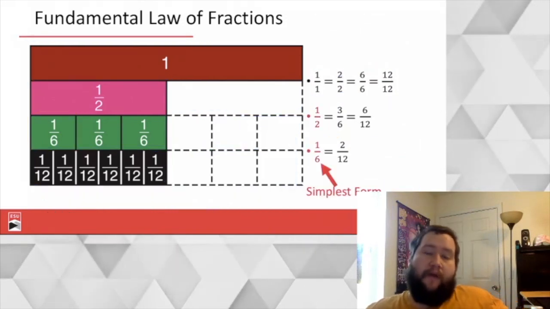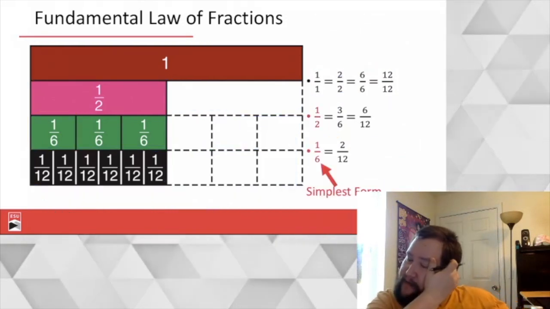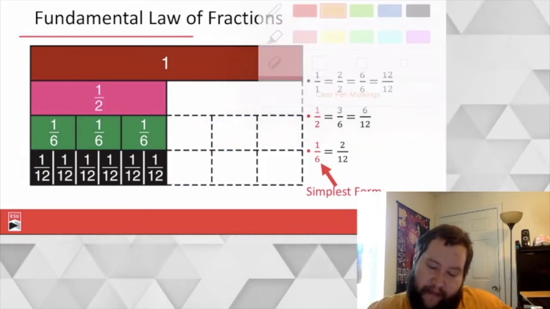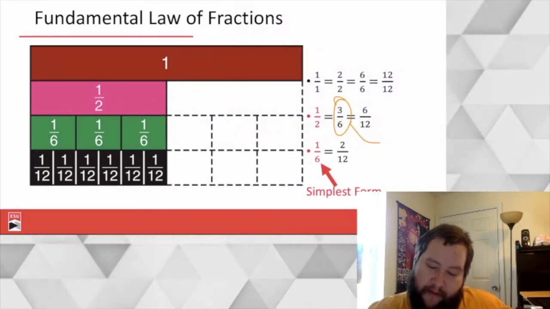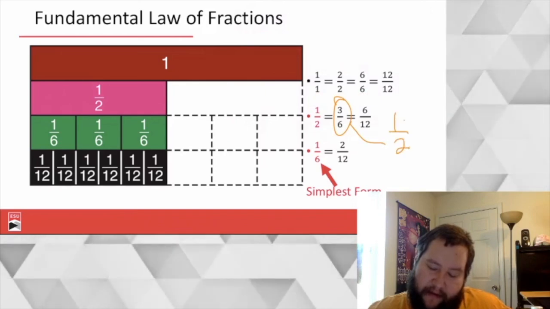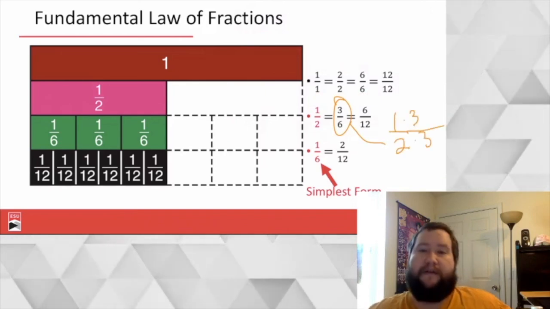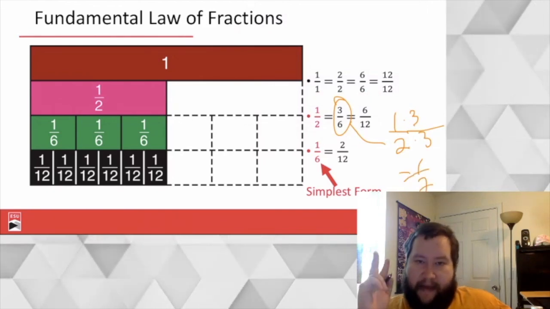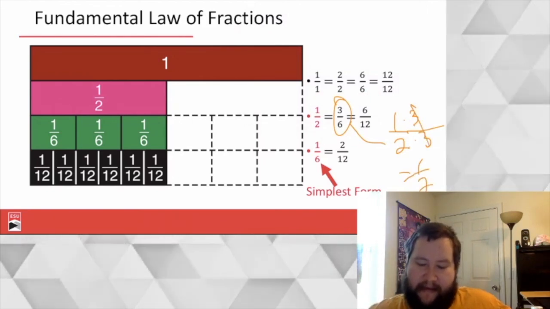And so whenever we can't take anything out, like if we have 3/6 here, we could write that as 1/2 times 3 over 3. And then our fundamental law of fractions says that that's the same as a half, in a way canceling these out as a 1.